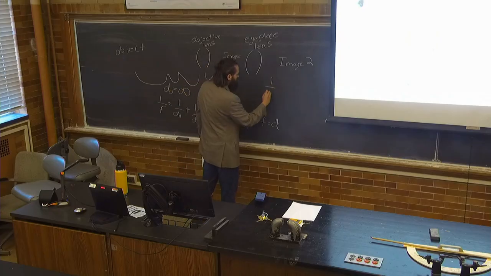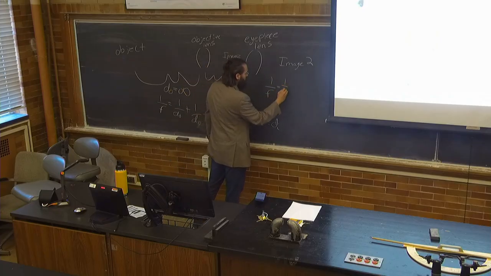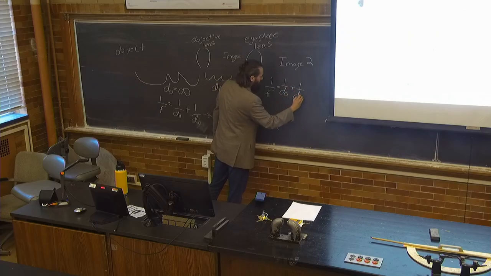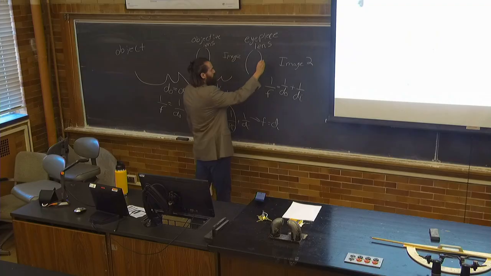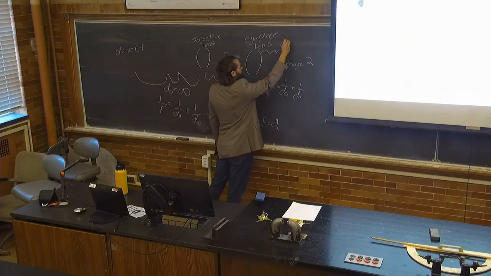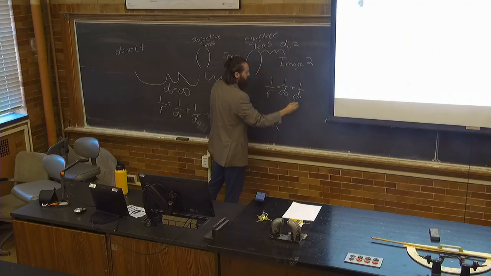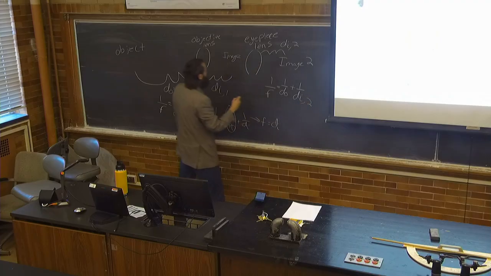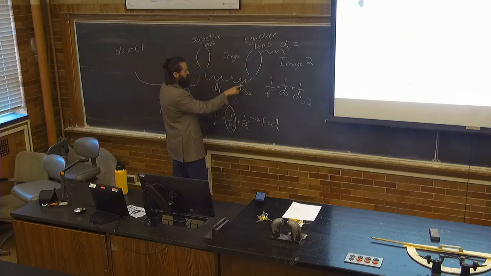And so if you wanted to, you could do another one of these thin lens equations, where now this distance, I'll call it image 2, so that would be here. And then the distance from the image to your eyepiece lens is, maybe we'll call that D object 2.